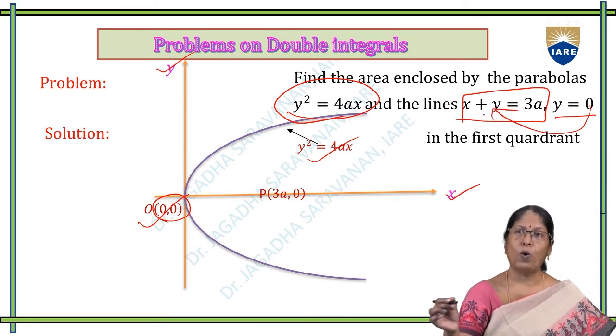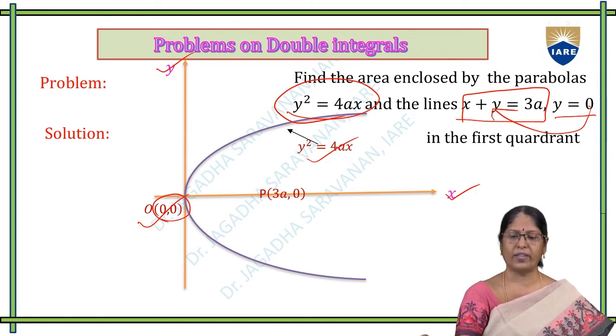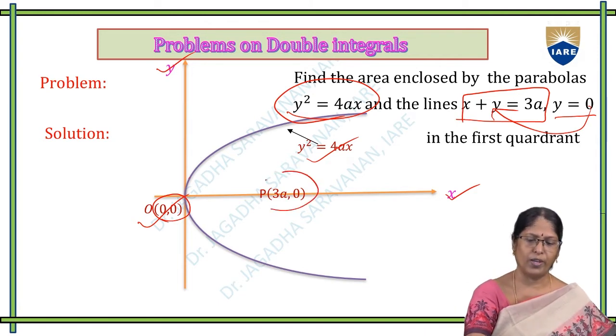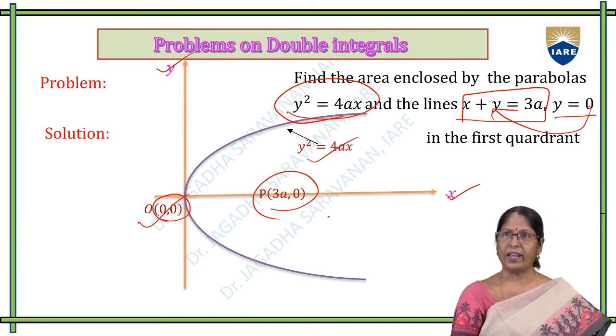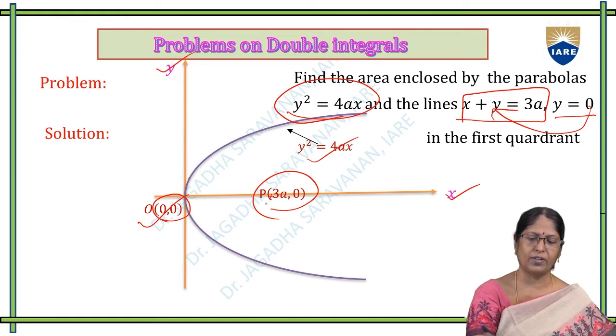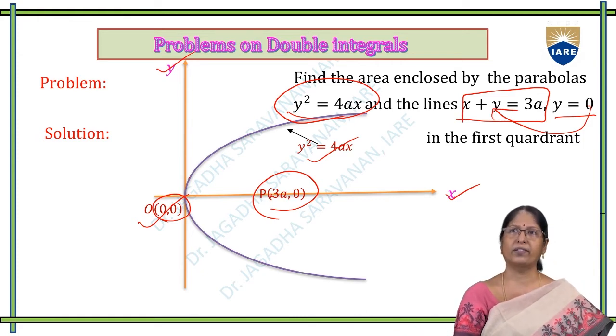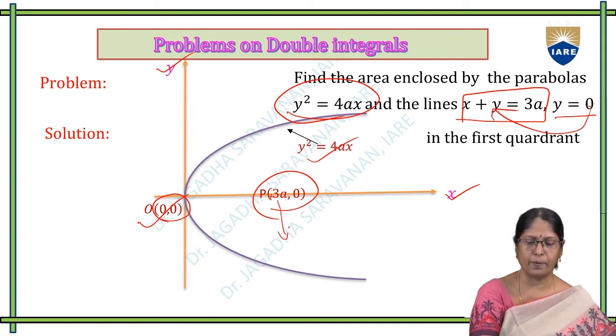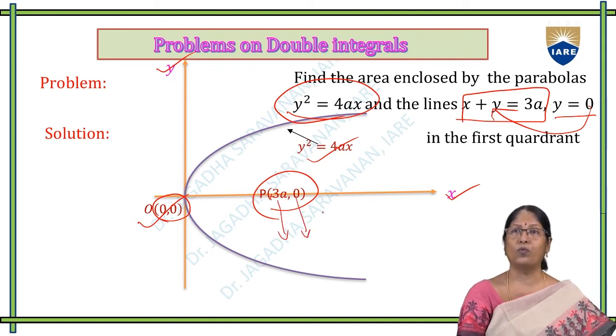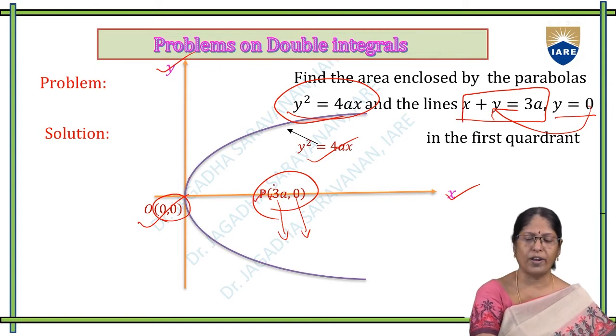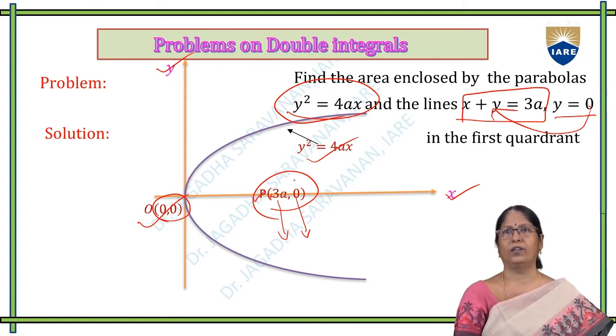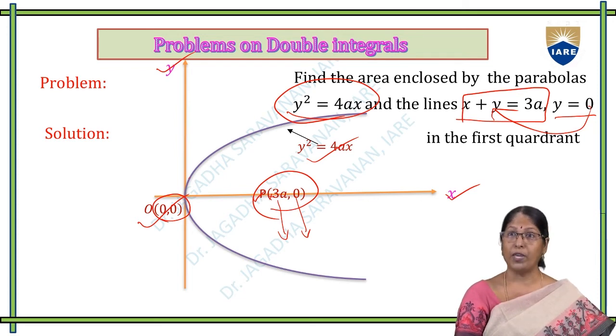When y takes the value 0, x equals 3a. So the line cuts the x-axis at 3a, that is, x is 3a and y is 0. The point where it cuts the x-axis is P of 3a, 0.